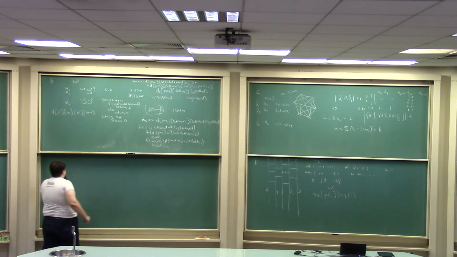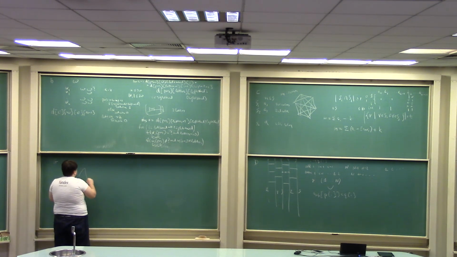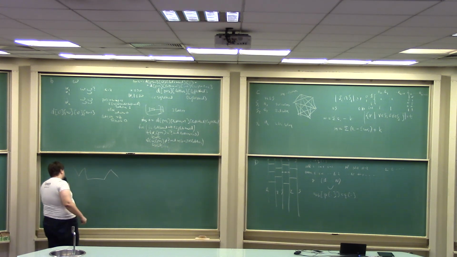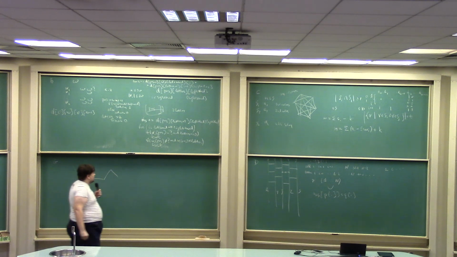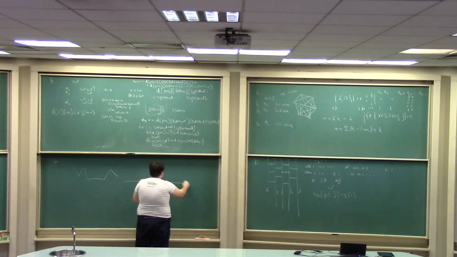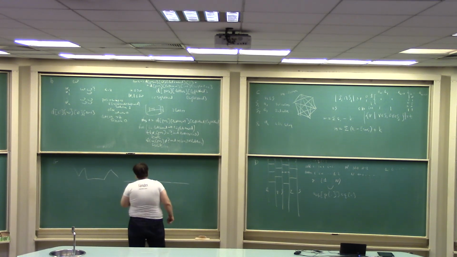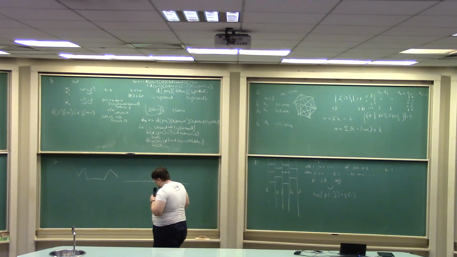So here we have some kind of intersecting polyline. And we want to know whether it can go to a point in a line.